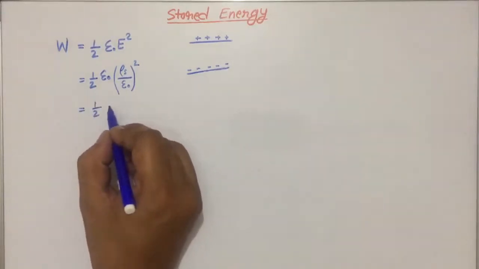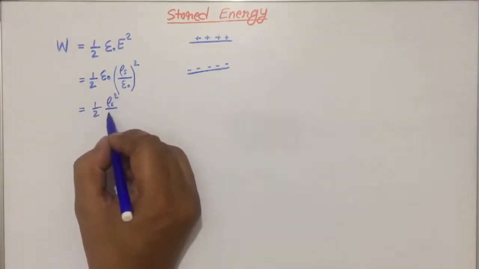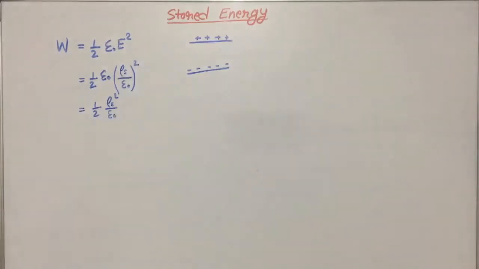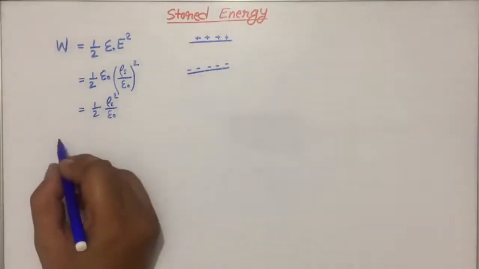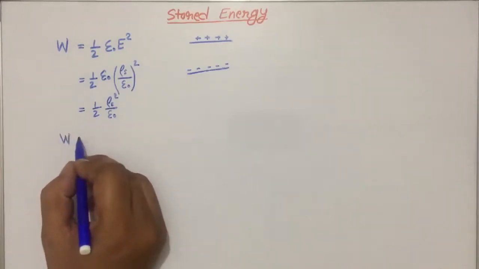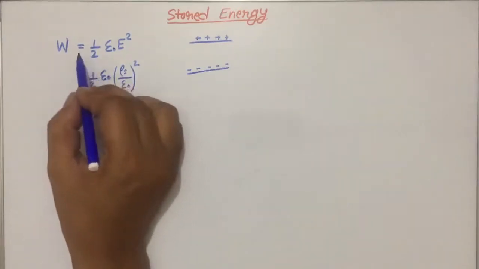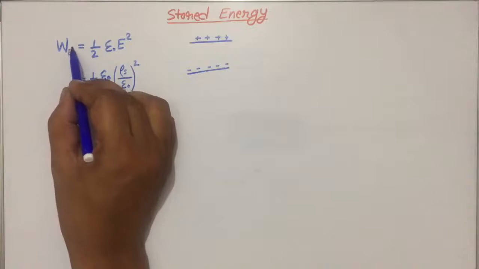Now we can proceed like this. We can write rho s square by 2 epsilon naught. This is the energy density.